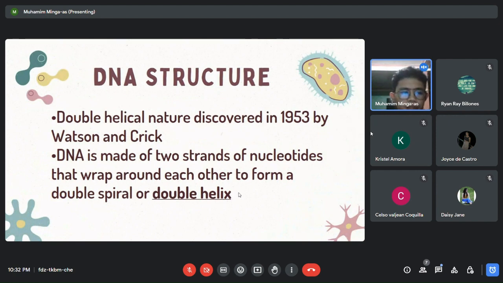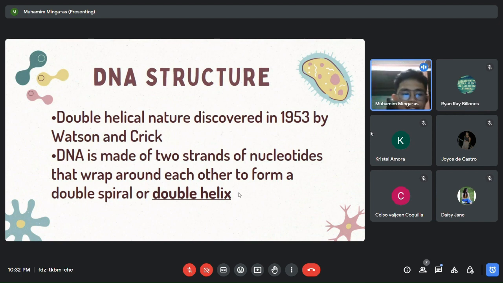First, we have the DNA structure. The double helical nature was discovered in 1953 by Watson and Crick. DNA is made of two strands of nucleotides that wrap around each other to form a double helix.